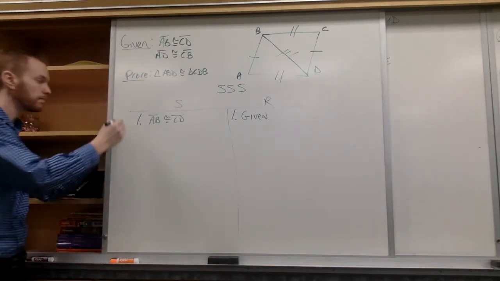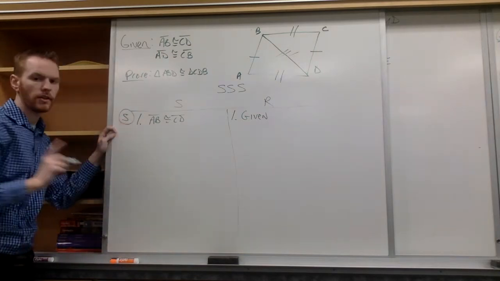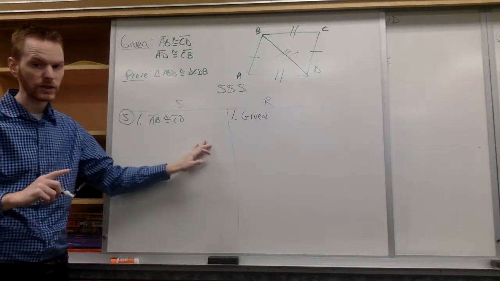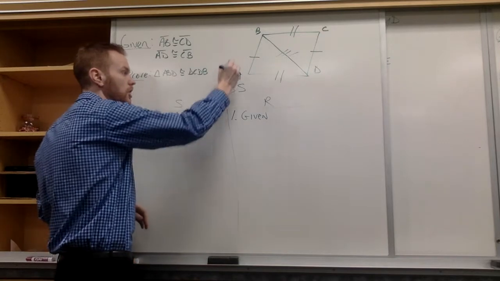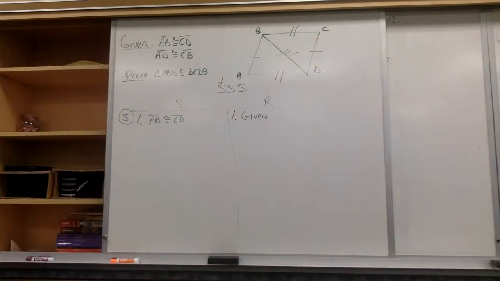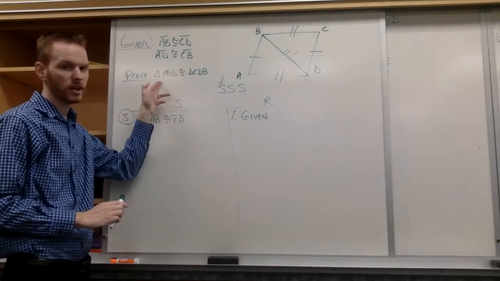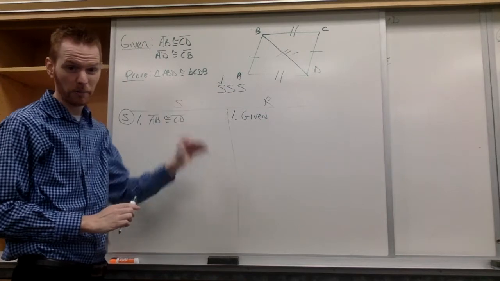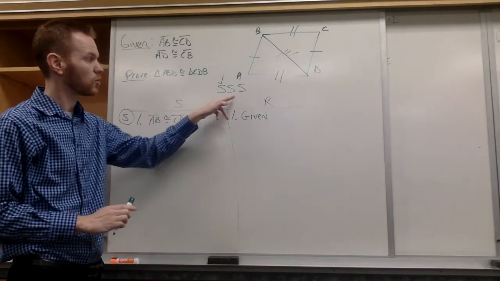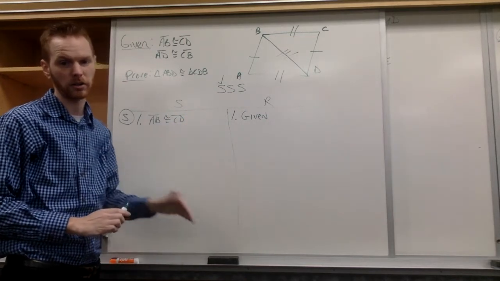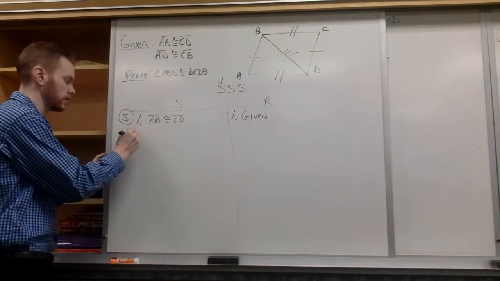Now, I'm going to put an S here and circle it. That way I know I listed one side congruent. And I'll put a little check mark here as well to show that one side's congruent. I already marked it. Now, before I reach my conclusion, I've got to tell the person reading this that there's 2 other sides congruent before I can conclude. So let's continue.